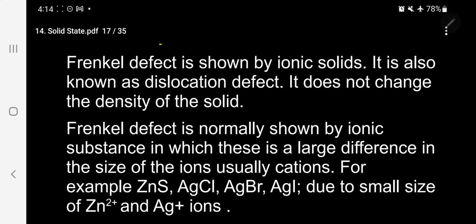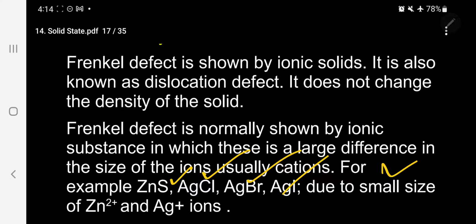For example, zinc sulfide, silver chloride, silver bromide, silver iodide, due to the small size of cations, zinc 2 plus and silver plus. Kindly follow.